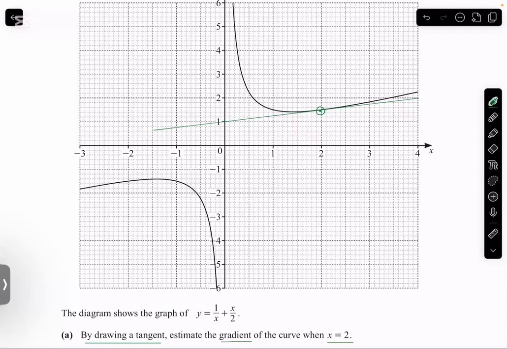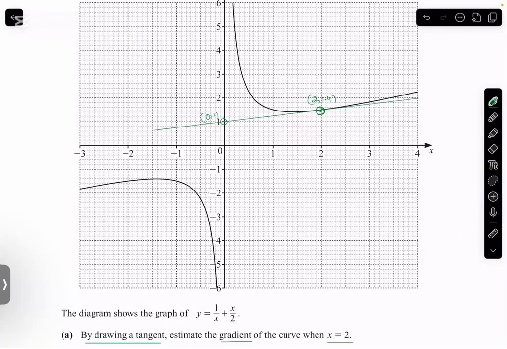So to read these values, it's 2, and the y coordinate here is 1.4, and the other point which is very much readable is, let's say, this point which is 0 and 1.